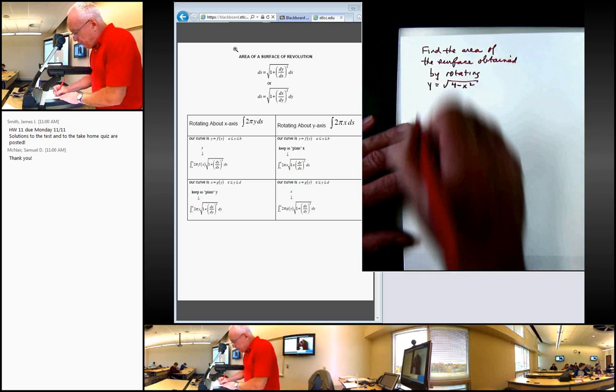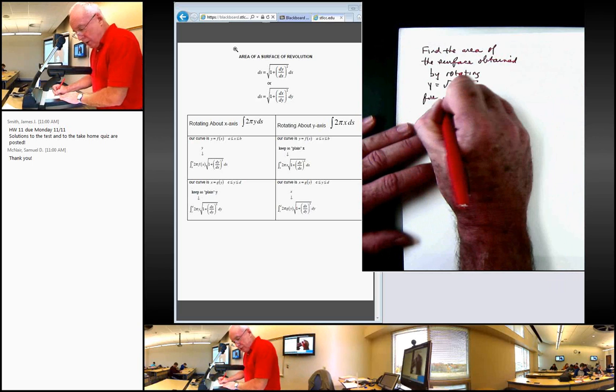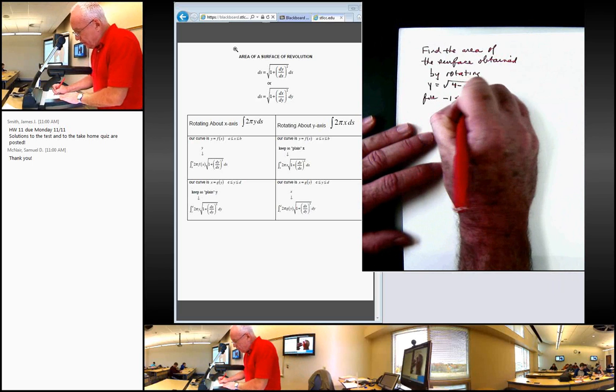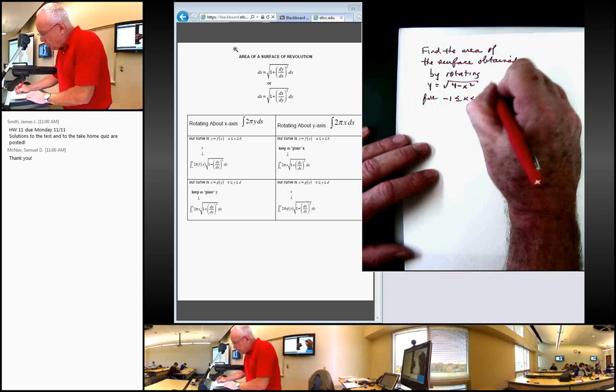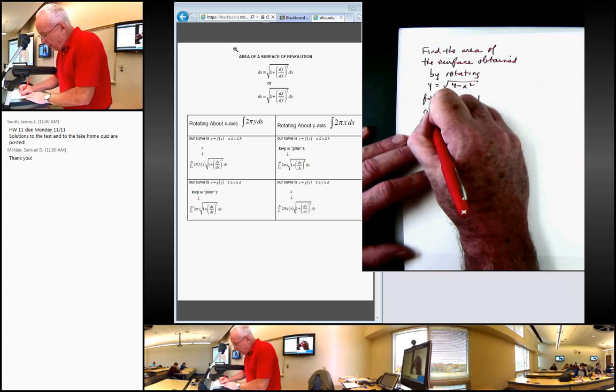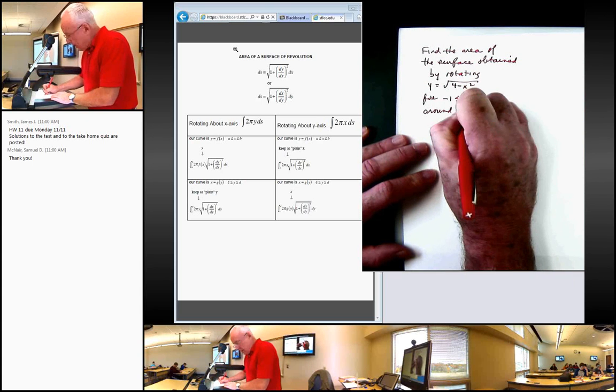And this is for x going from -1 to +1. Okay, and we're rotating this around the x-axis.